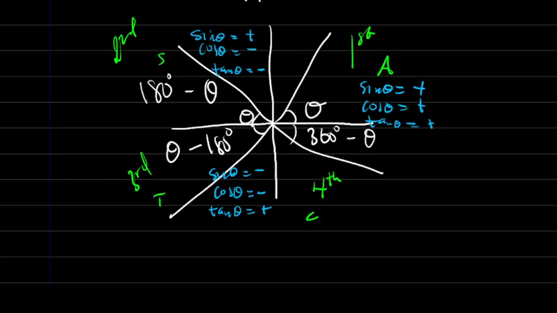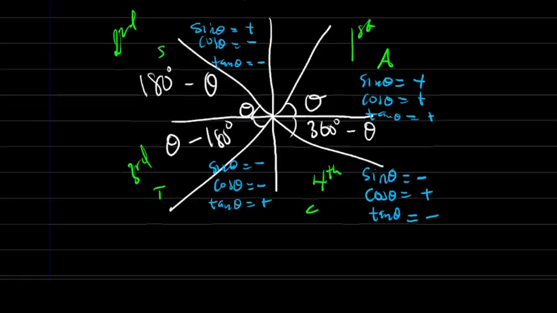And in the fourth quadrant, we have sine theta negative, cos theta positive, and tan theta negative.